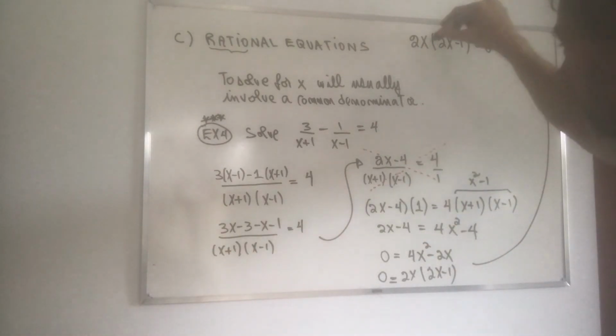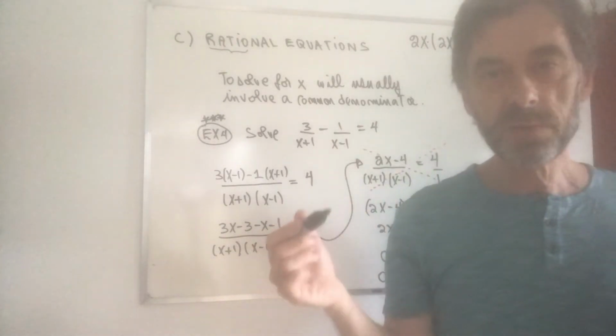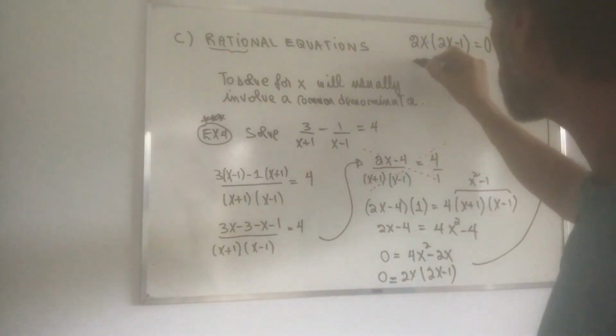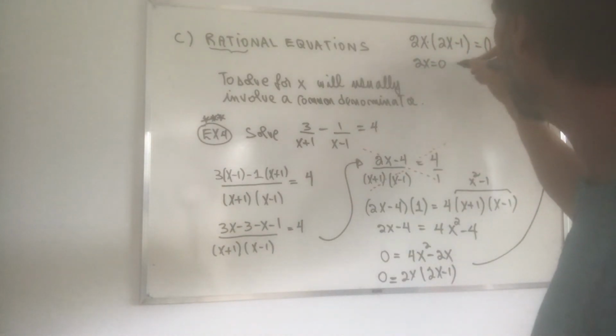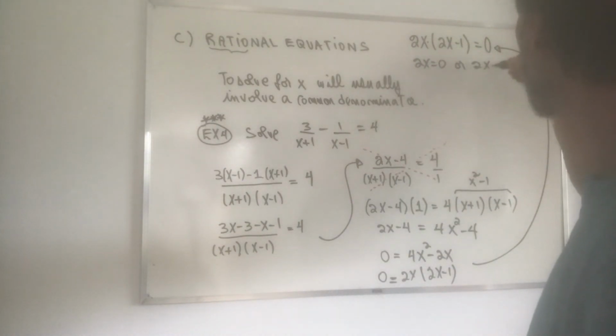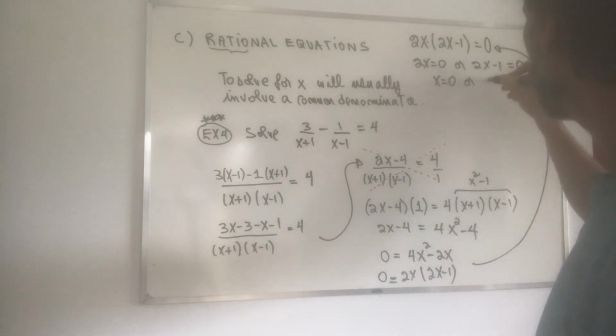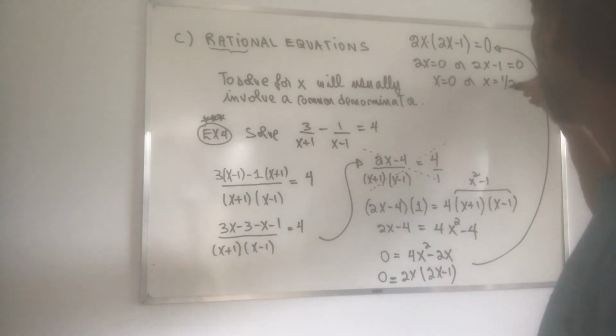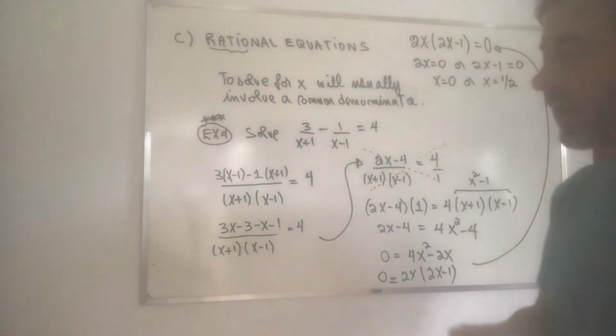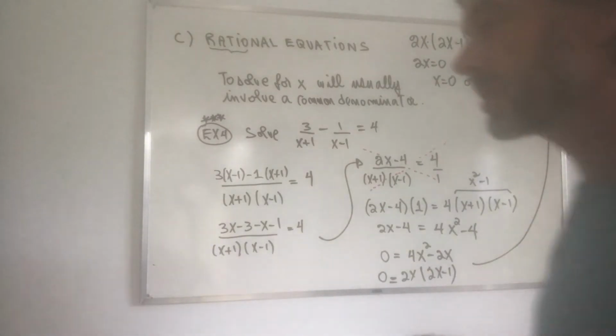Now, product of two things, remember a times b equals 0, that means one or the other is 0. So 2x is equal to 0, or 2x minus 1 is equal to 0, that means x is 0, and x is 1/2.